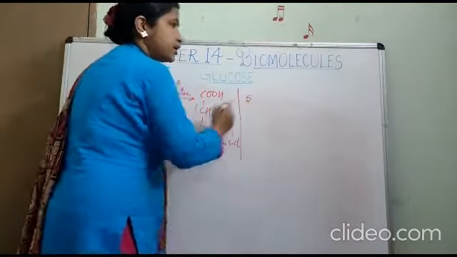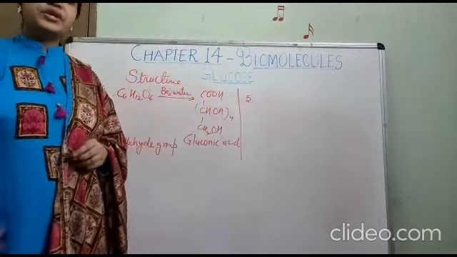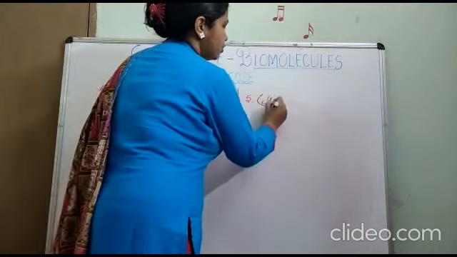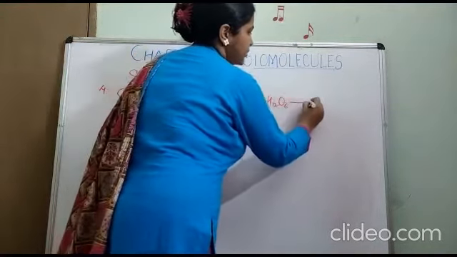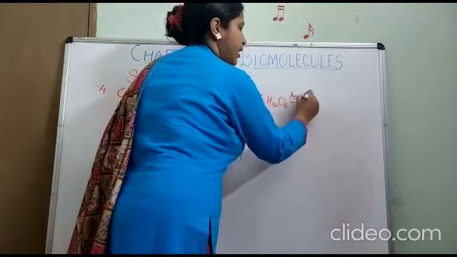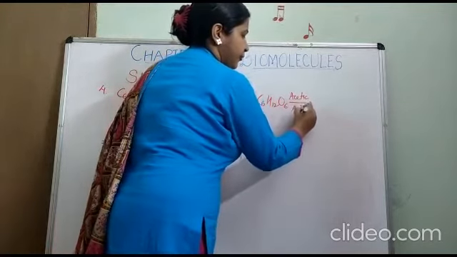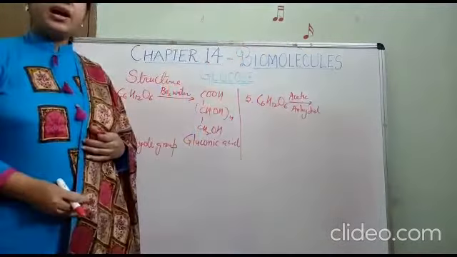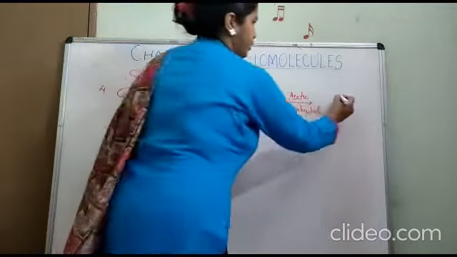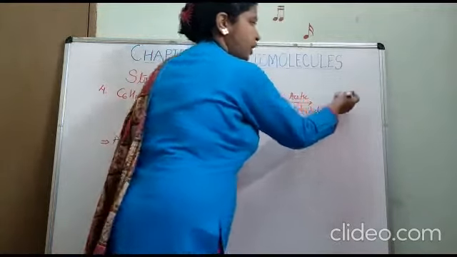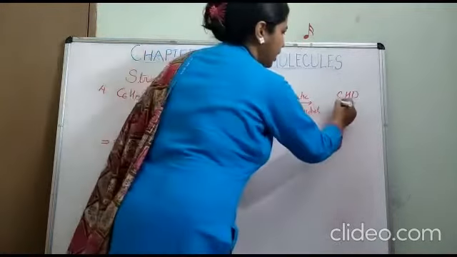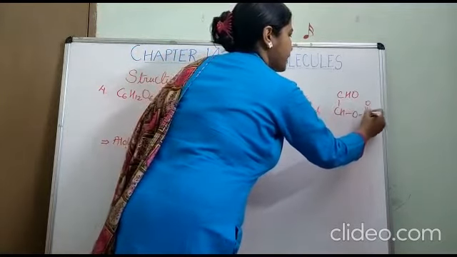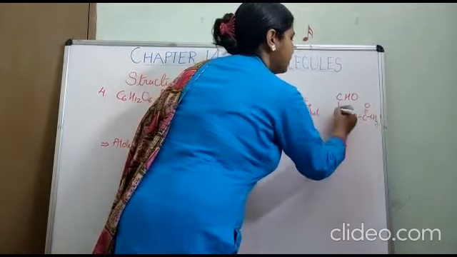Now the next point. Glucose when treated with acetic anhydride. So this is glucose. It is treated with acetic anhydride. It forms a pentaacetate product. So here we are having the aldehyde group, and now this pentaacetate product will be formed.